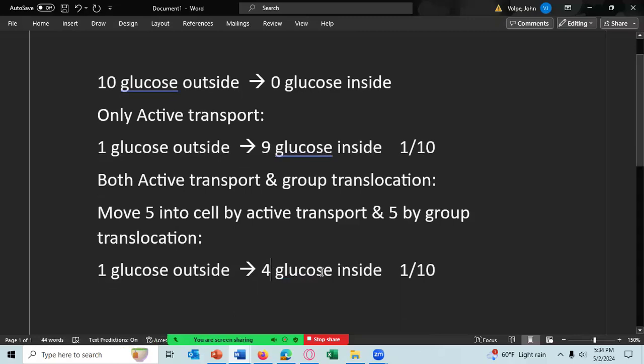Let's talk about translocation. And it won't be glucose inside the cell, it'll be glucose phosphate inside the cell.